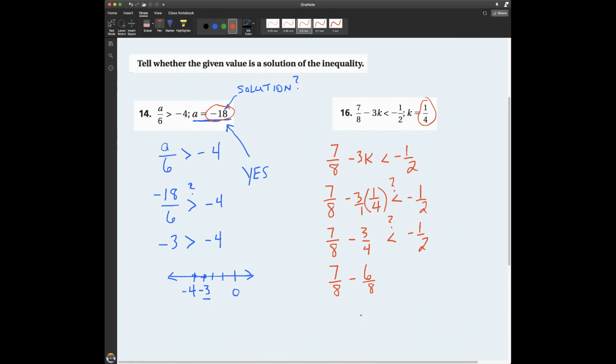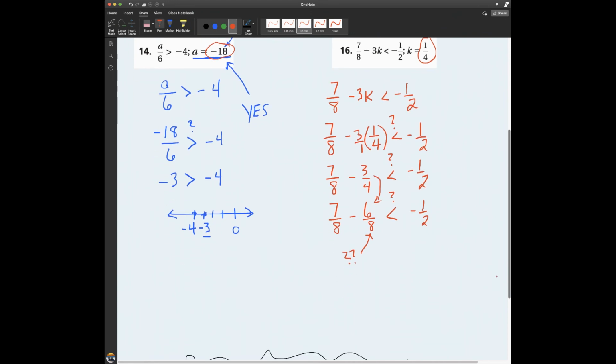I want you to think about, what did I do to get this fraction, 6/8? I went from 3/4 to 6/8. Think about what I did to make that happen. Is this less than negative 1/2? Well, 7/8 minus 6/8 is 1/8.